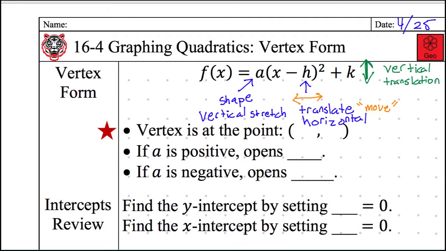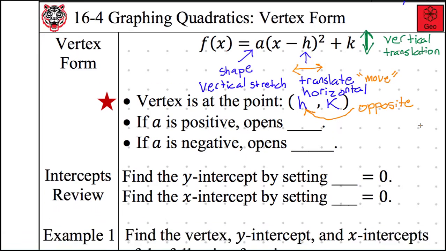The most important thing you can take away from today is how to find the vertex from this form. The vertex is H, K. It's that easy. But there's a twist. Notice that in my equation I had minus H. What that means is this H right here is the opposite of the one that you saw in the original equation.